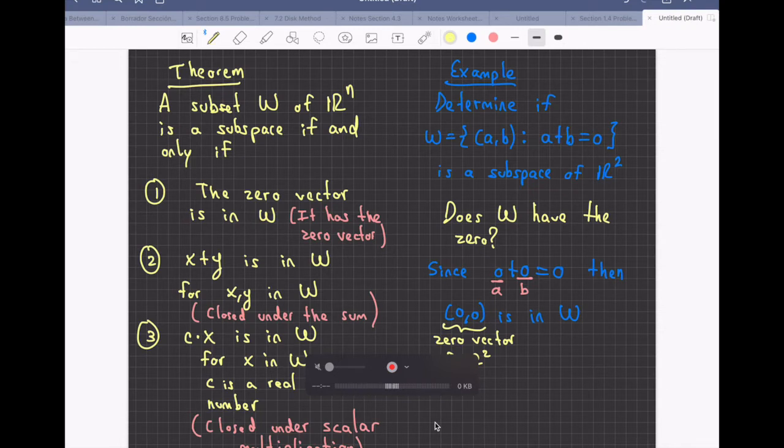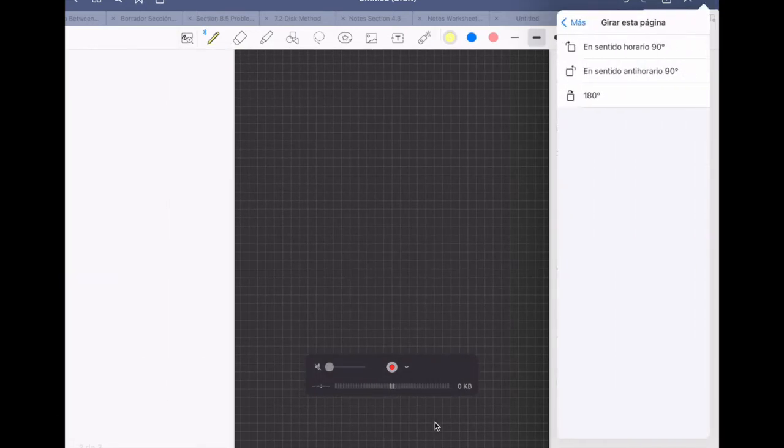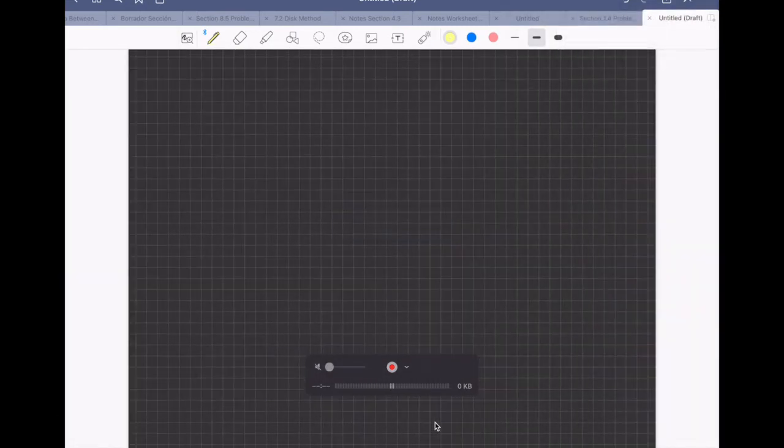Number 2, is W closed under the sum? So what do we have to do here?